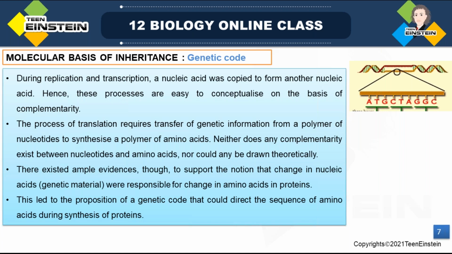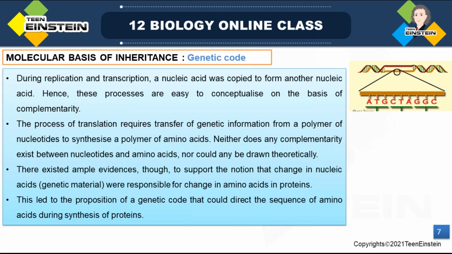So what about translation? You know that translation is the formation of protein from the nucleic acid. Translation means the transfer of genetic information from a polymer of nucleotides, and that's how it forms a polymer of amino acids.